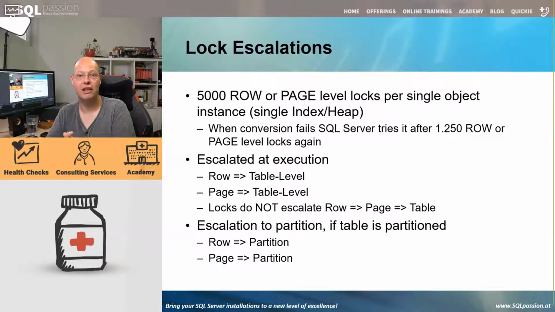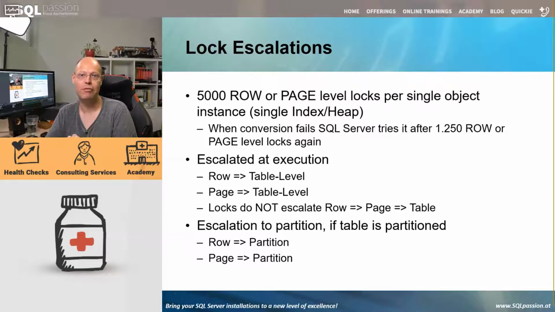Bad, but it gets even worse. Imagine you are escalating individual exclusive locks from a row level to a table level. In that case, you have on your whole table an exclusive lock. And then it's more or less game over. Nobody else can read and write to that table anymore. It's more or less the schema modification lock that we have seen earlier.